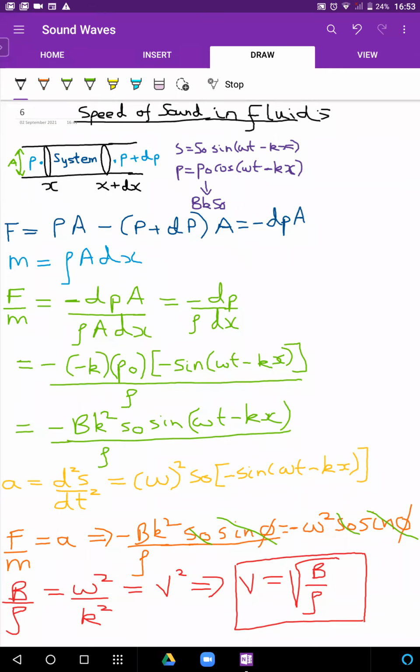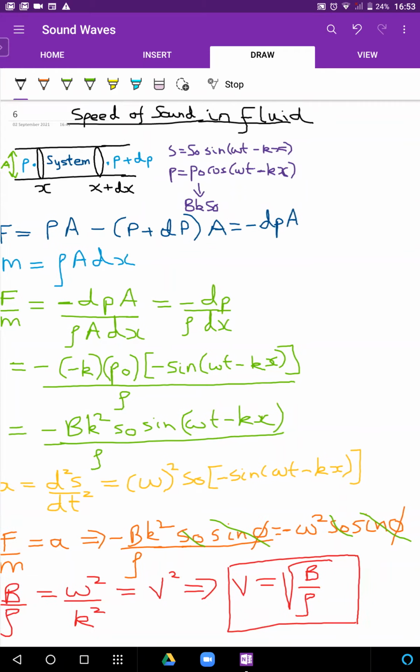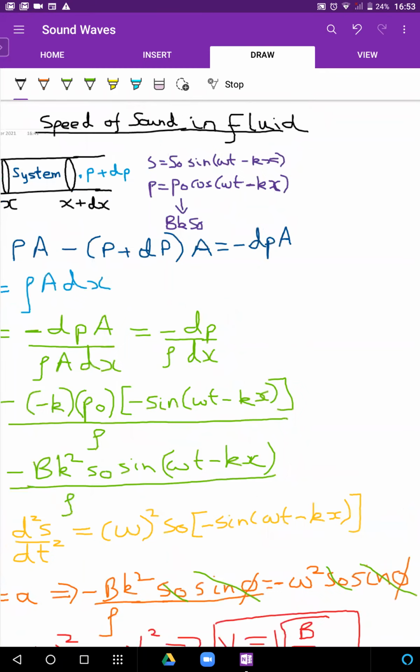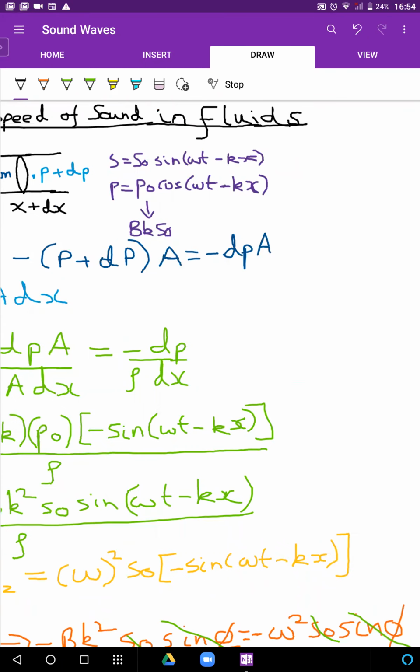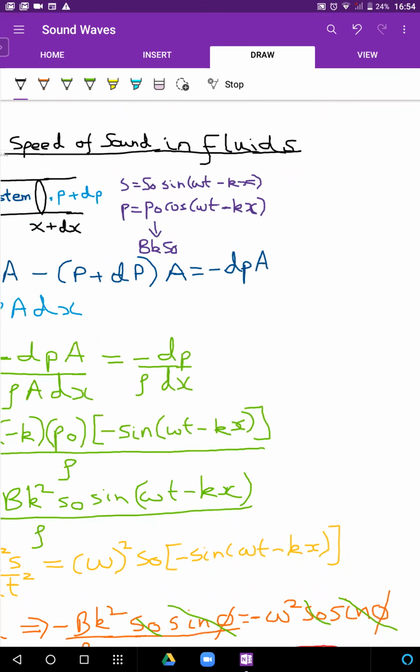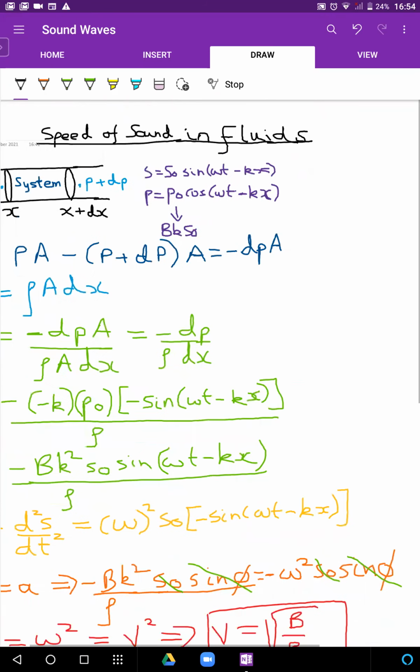So you have a bunch of derivations at the beginning of this chapter. That's just some stuff we need to go through. Any doubt in this? Kasya B is root B by rho.